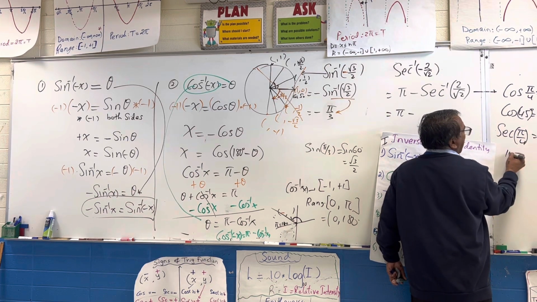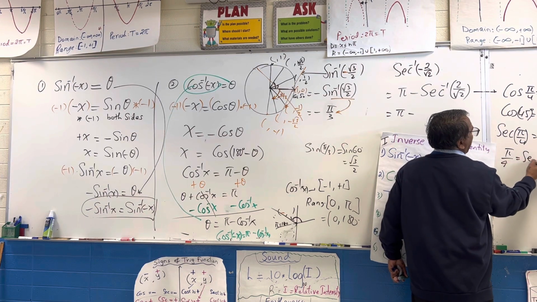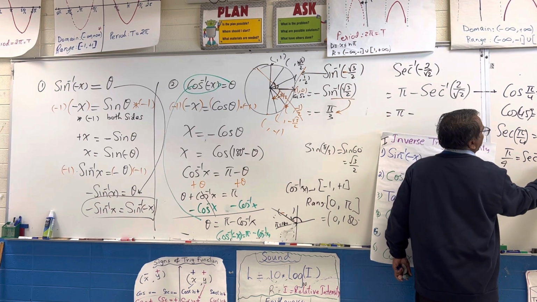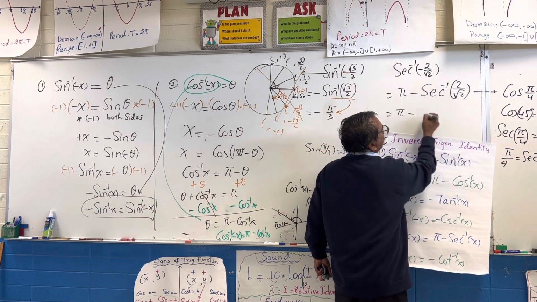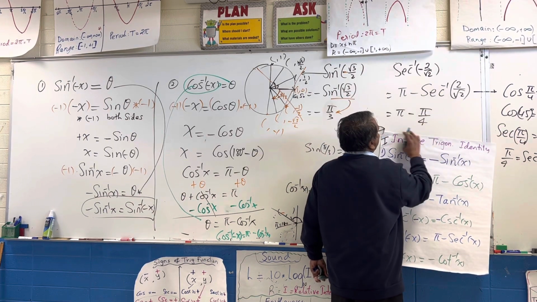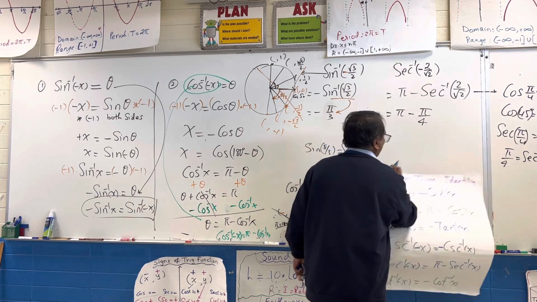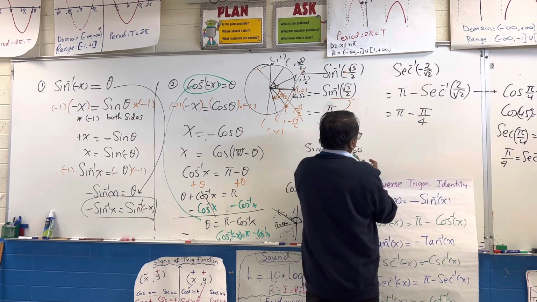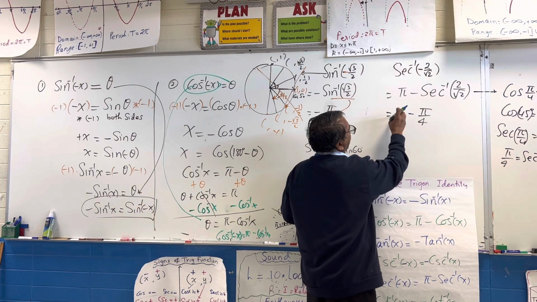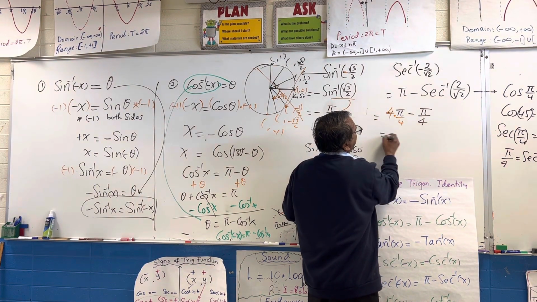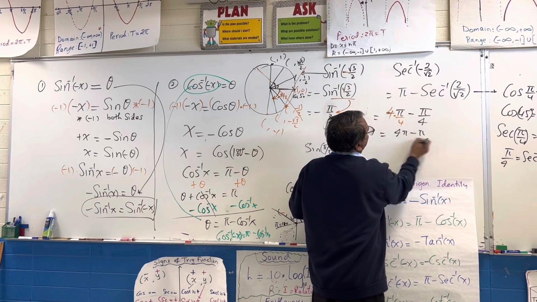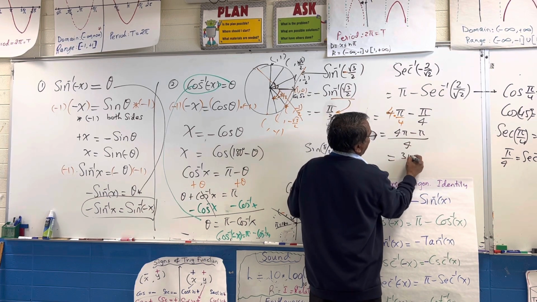And you can write this pi by 4 as secant inverse of 2 over root 2. So secant inverse of 2 over root 2 is pi by 4. So are we done? No, we can still go. We need to have a 4 here, so multiply 4 in both the numerator and the denominator, you get 4 pi, and the answer is 3 pi by 4.